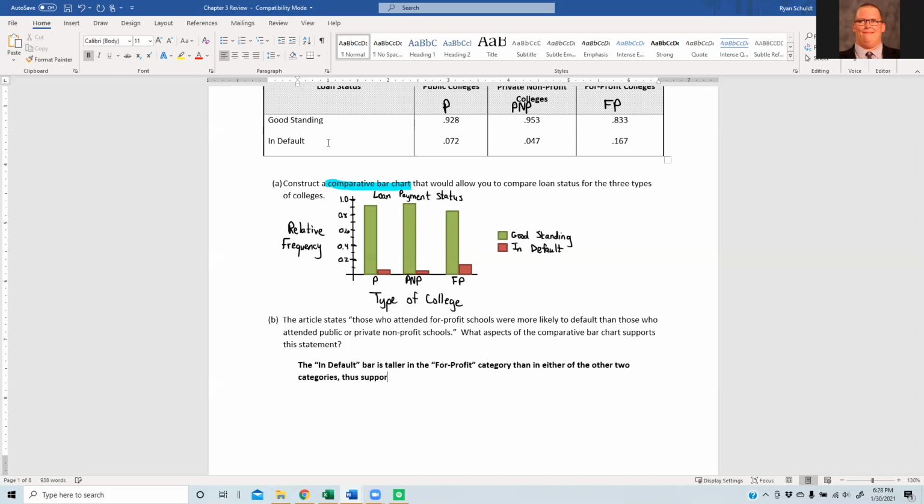Thus supporting the statement. Or you can even take it further, the statement that states, and then quote it. On several Unit 2 or Chapter 2 assignments, people didn't really want to quote the question.